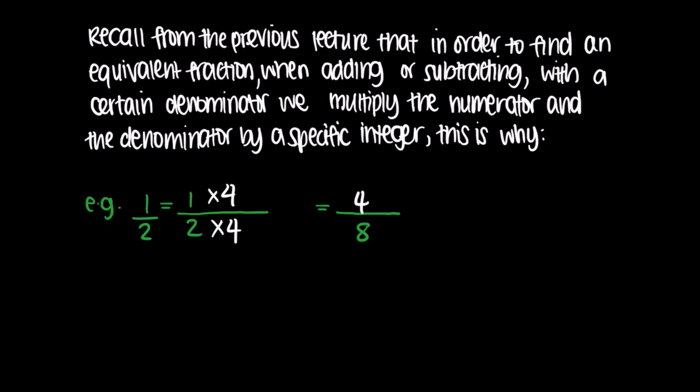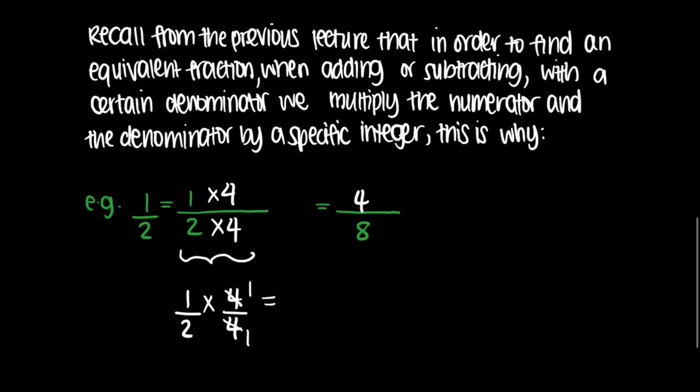If we take a closer look at this middle part, we see that we're multiplying the fraction a half by the fraction 4 over 4, right? But 4 over 4 when simplified is 1 over 1, which means that we're essentially multiplying the fraction a half by 1.